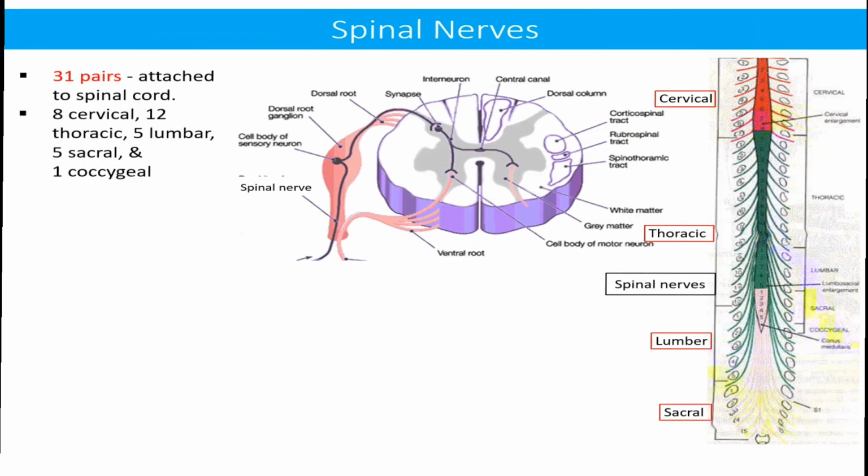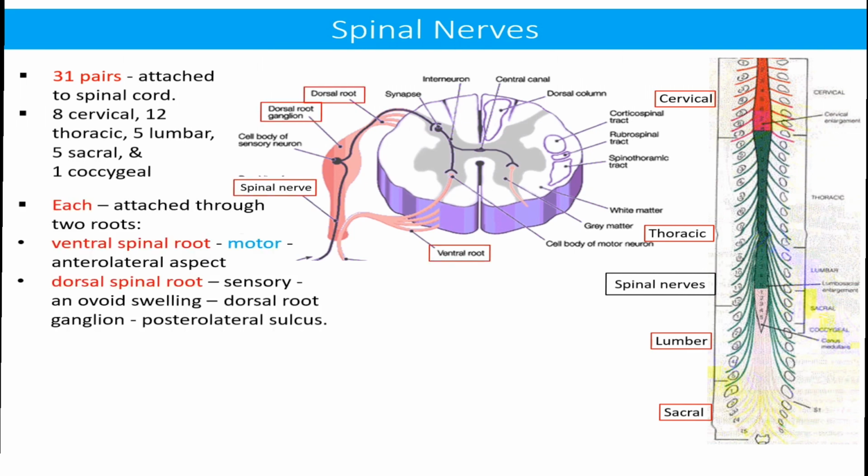There are 31 pairs of spinal nerves which are attached to the spinal cord. Out of these, there are 8 in the cervical region, 12 in the thoracic region, 5 in the lumbar region, 5 in the sacral region, and 1 in the coccygeal region. Each spinal nerve is attached through two roots.